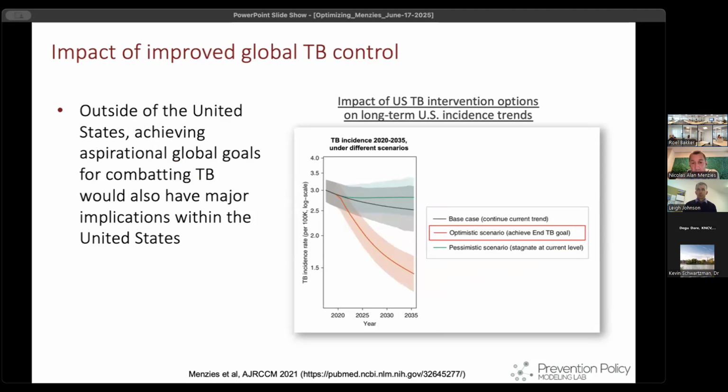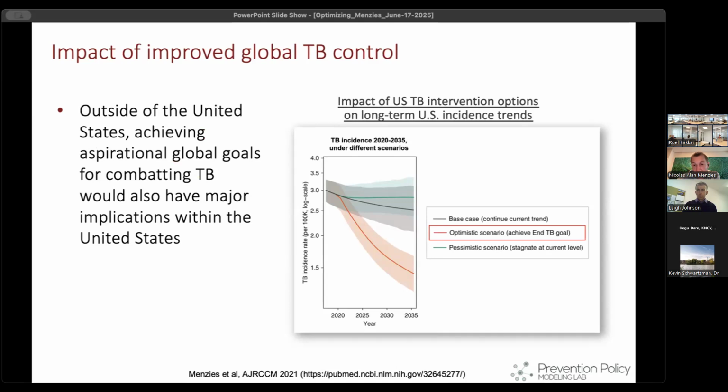This is a similar plot for a study that now looked outside of the United States, asking the question, as compared to continuation of current trends, what would be the impact inside the United States of high burden countries following the targets of the End TB strategy, which, as everyone will know, aspire to large reductions in TB incidence, mortality, and the household economic burden of TB over the upcoming years.